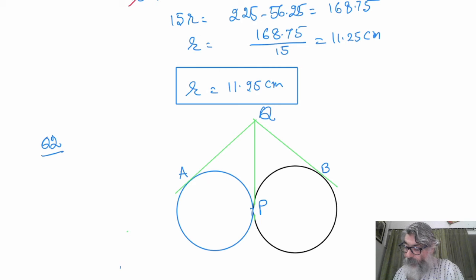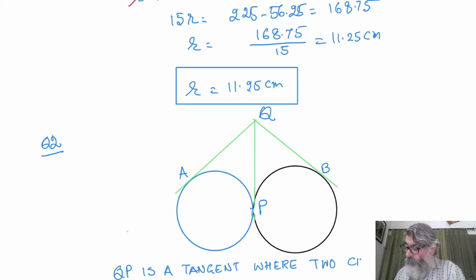What is given is QP is a common tangent, a tangent where two circles touch.